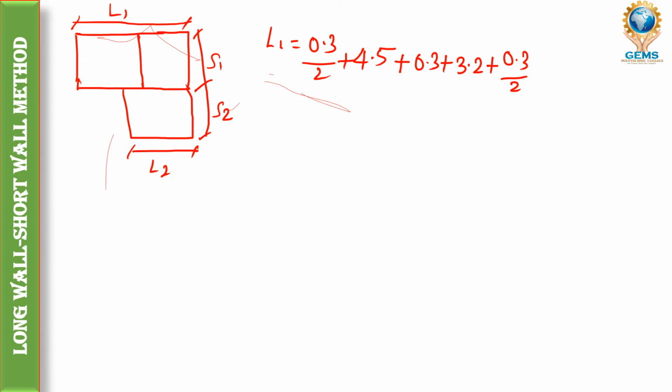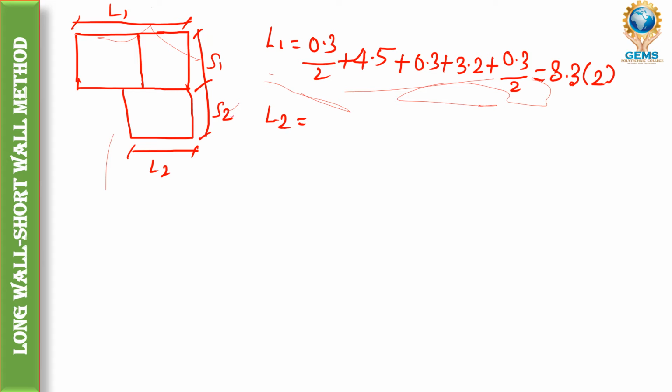So this is the value of L1. So L1 will come to 8.3. Then for N, we have two sides for L1, right? So N equal to 2.